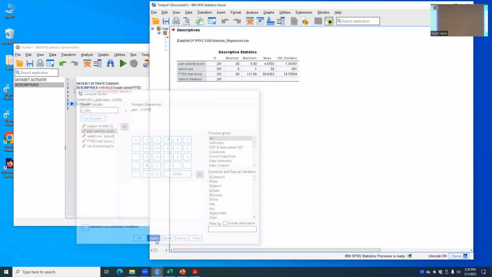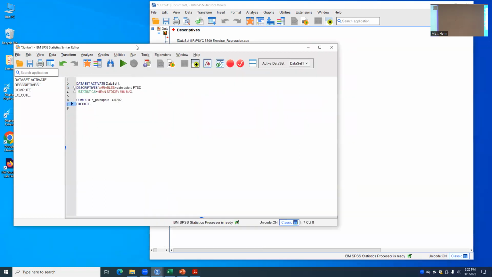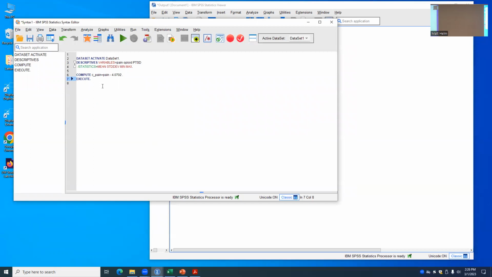Okay, I'm going to hit paste. All right. So now what I've got is my command to center my pain score. Okay. And I'm just going to go through, because it's going to be faster if we do this.